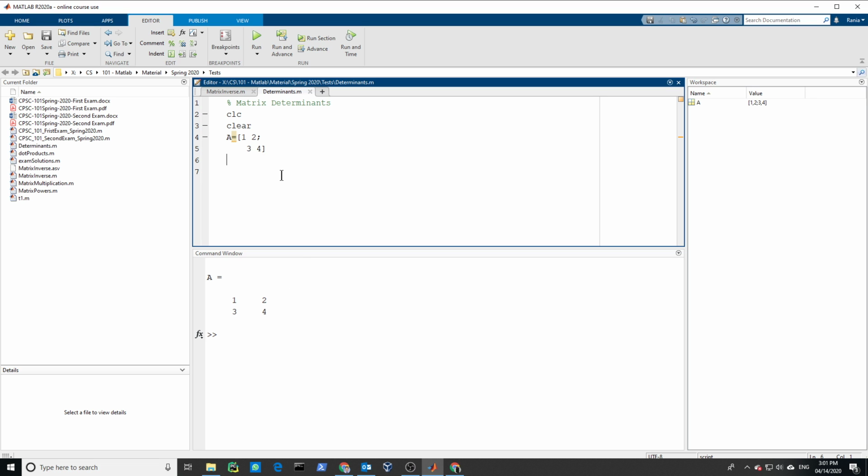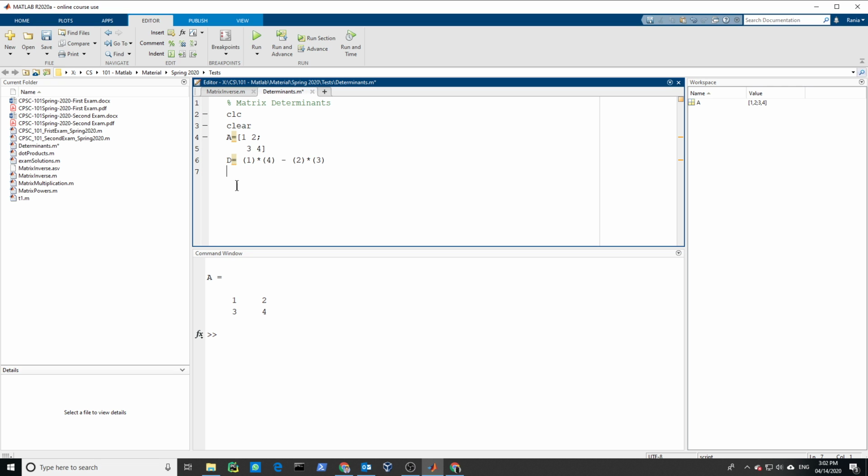The way we calculate the determinant, D equals: you multiply the first diagonal, 1 multiplied by 4, minus the other diagonal, 2 multiplied by 3.